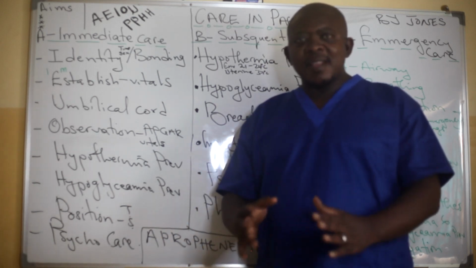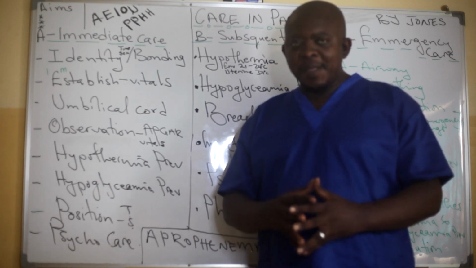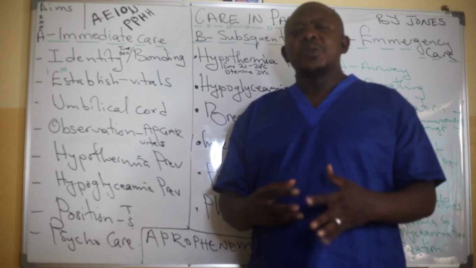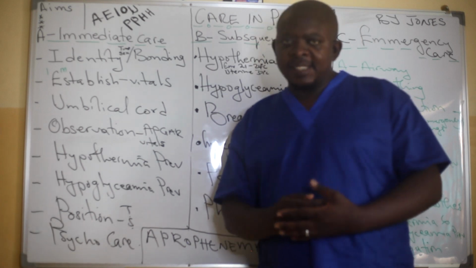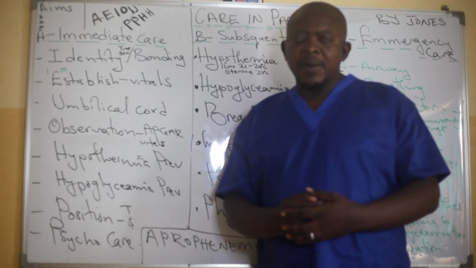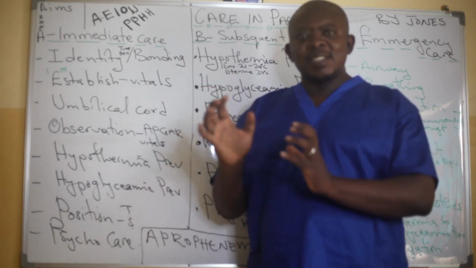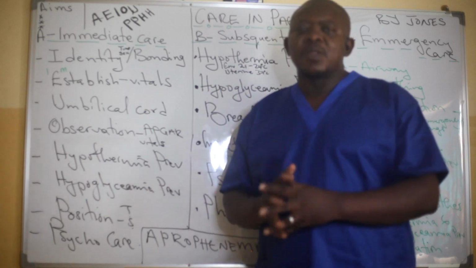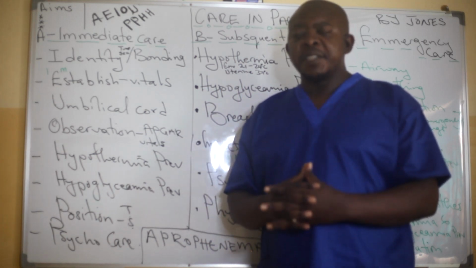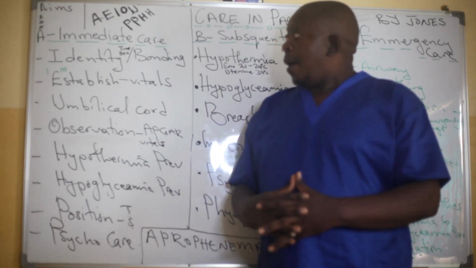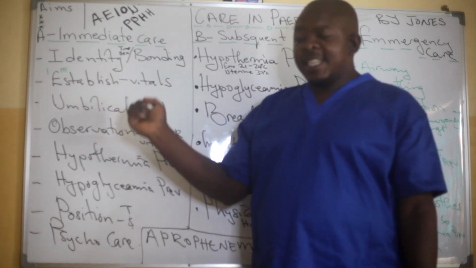But the time here is very important, the time the baby is born. Apart from that, there should be identification of the sex of the baby. When the baby is born, you need to show the mother the sex of the baby and you need to show the baby to the mother. So that is found in identity.